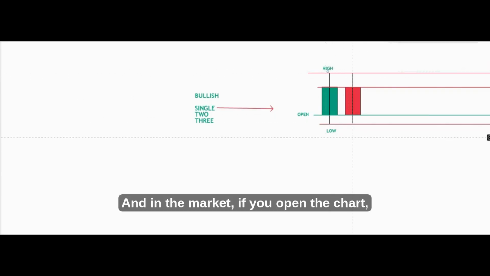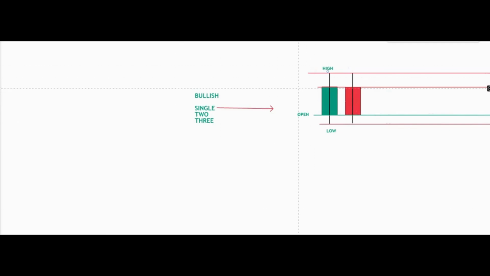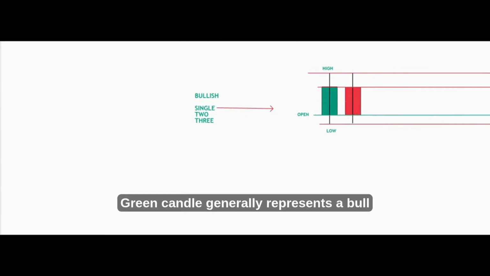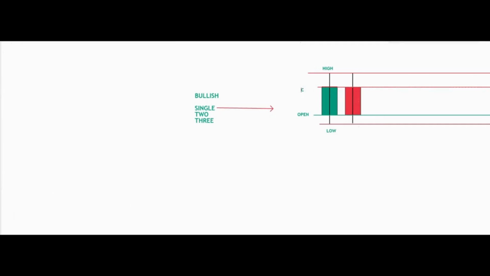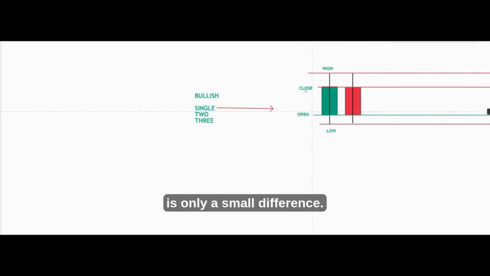And in the market, if you open the chart, you will see two types of candles. One is red and one is green. So what is the difference? A green candle generally represents a bull and a red candle generally represents a bear. The difference you are seeing here is only small.